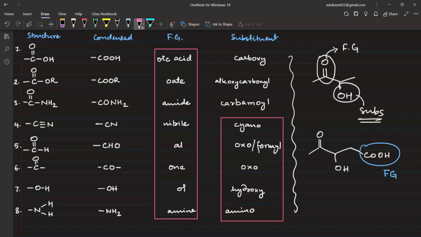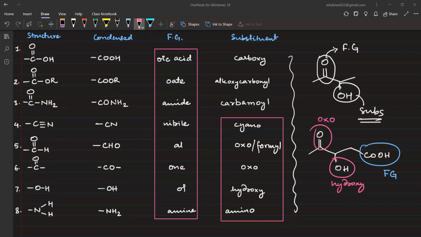Rest of these items, the ketone and this OH, both are going to act as what? This is going to be oxo now. It is not going to be one, and this will not be ol, it will now be hydroxy. Is that understood? Yes or no? Please tell me.